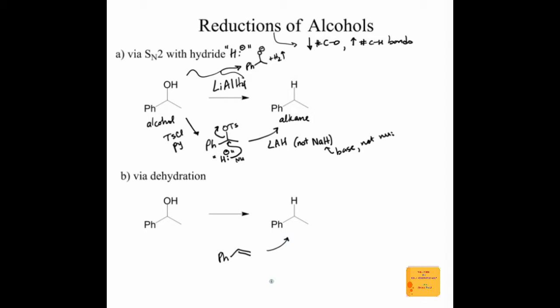Have we ever seen the conversion of an alkene to an alkane? Looks like we've broken the pi bond. We've added something to each carbon. What did we add? We added a hydrogen, and of course there's a hydrogen here too. This was a CH2, and now it's a CH3. So we could do catalytic hydrogenation. If we had an alkene, we could do a catalytic hydrogenation to give an alkane product.